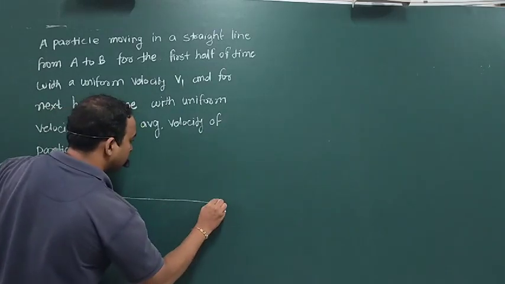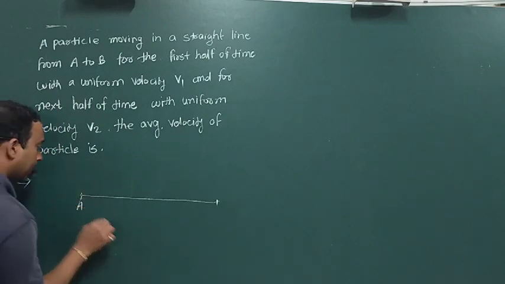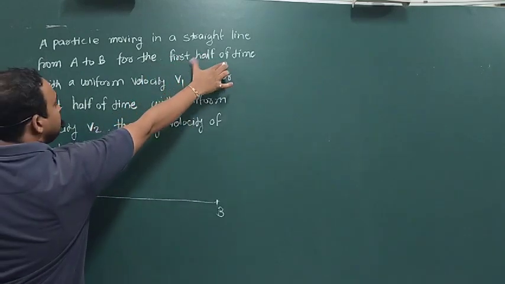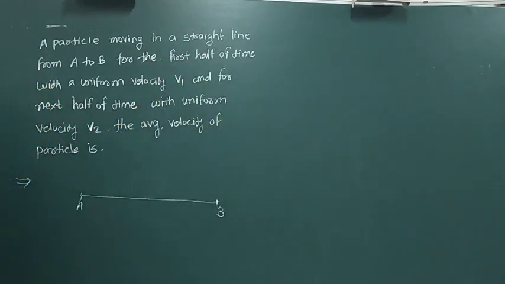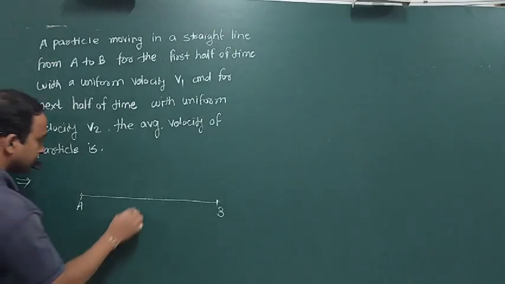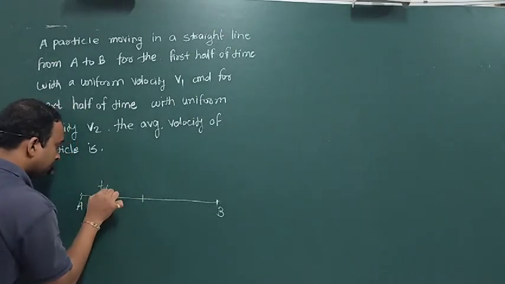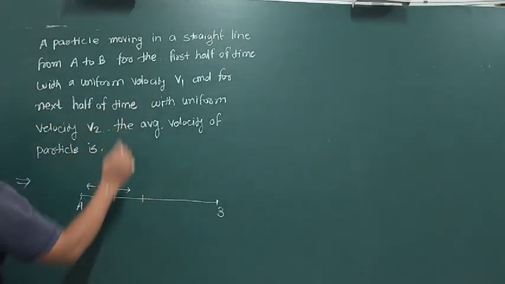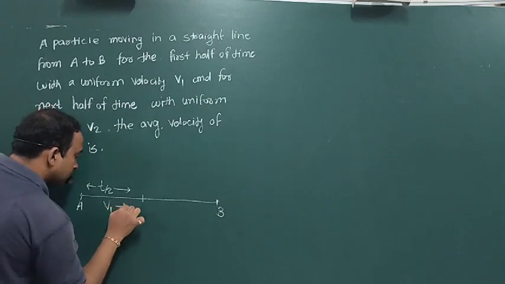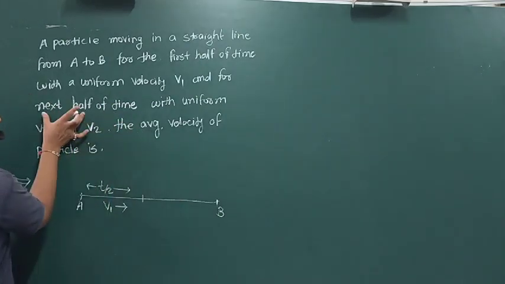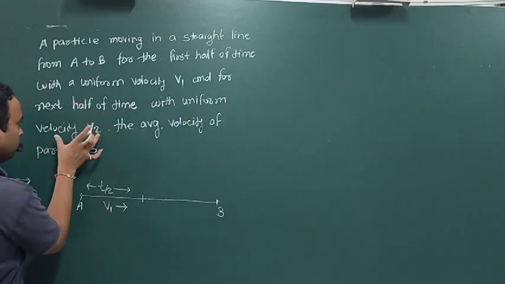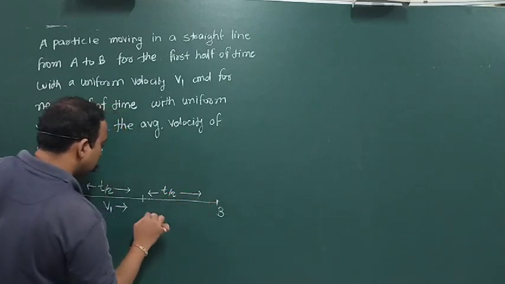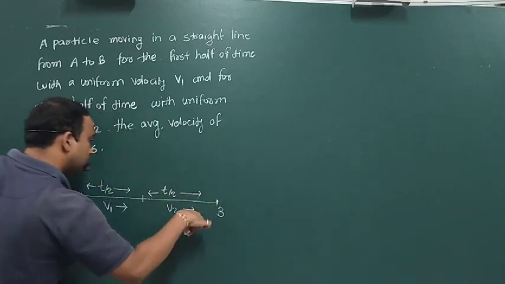A particle moves from point A to point B for the first half of time with uniform velocity v1, and for the next half time period with uniform velocity v2.